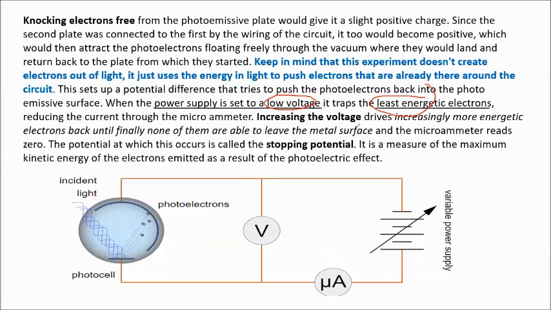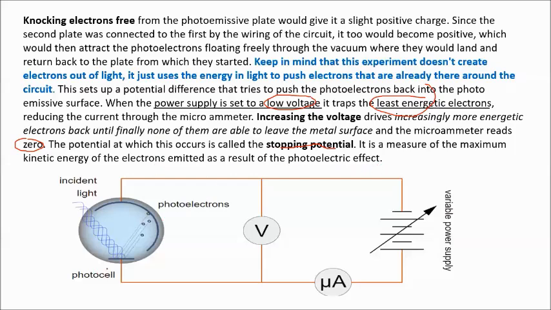Increasing the voltage drives increasingly more energetic electrons back until finally none of them are able to leave the metal surface and the microammeter reading is 0. The potential at which this occurs is called the stopping potential. It is a measure of the maximum kinetic energy of the electrons emitted as a result of the photoelectric effect.